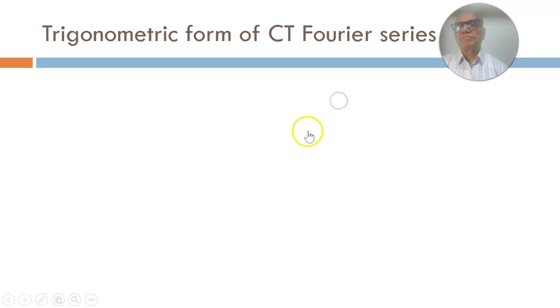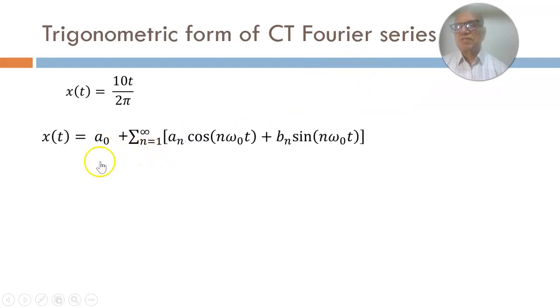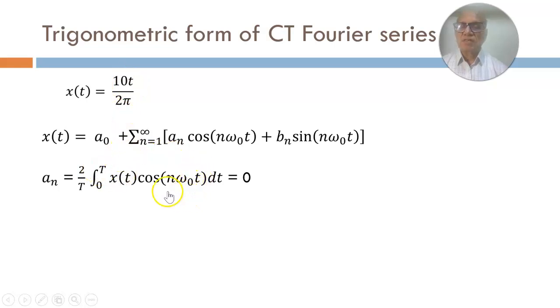Okay. So let us see the trigonometric form of the continuous time Fourier series, which we studied last time. So x(t) is a naught, which we have already calculated, and now we need to calculate the expressions for a n and b n. For a n it is 2 by T integral 0 to T x(t) cos of n omega naught t, and if you substitute for x(t) here and evaluate this integral, you can verify this yourself, you will find that a n turns out to be equal to 0.